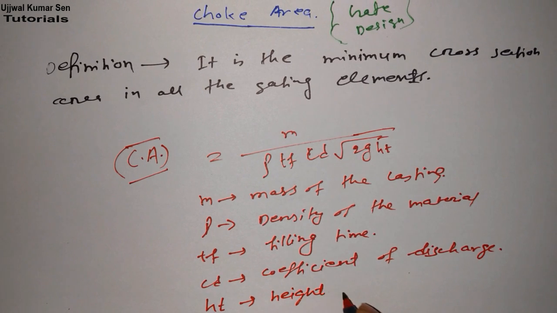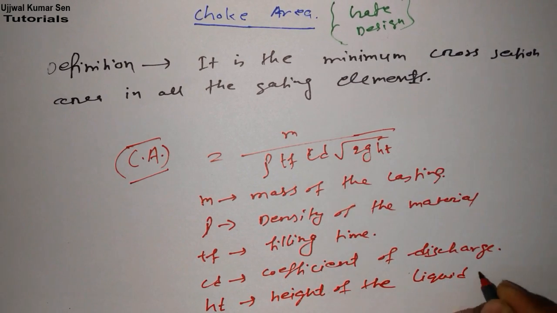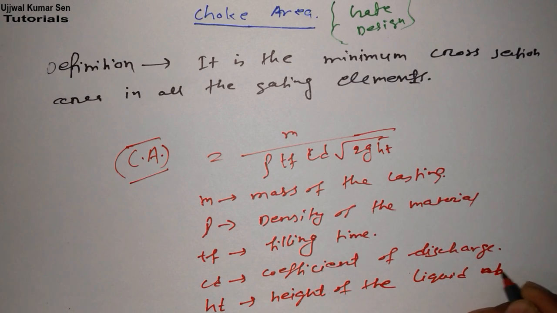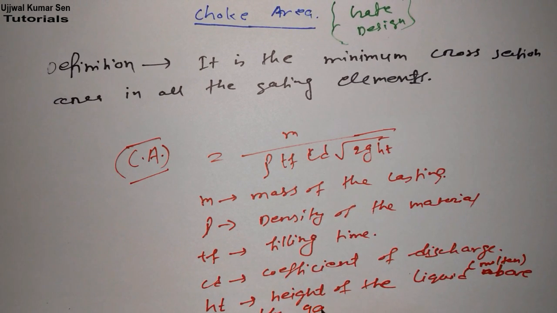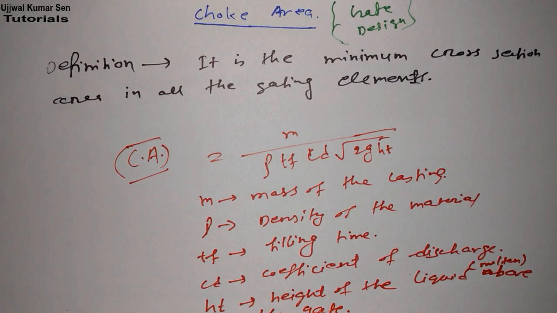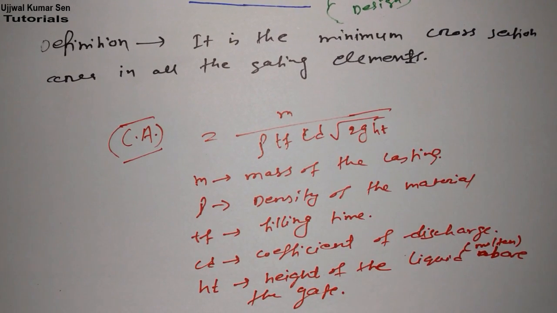Height of the liquid above the gate. Basically this is molten metal above the gate. So this is all about the elements we have used in this formula.